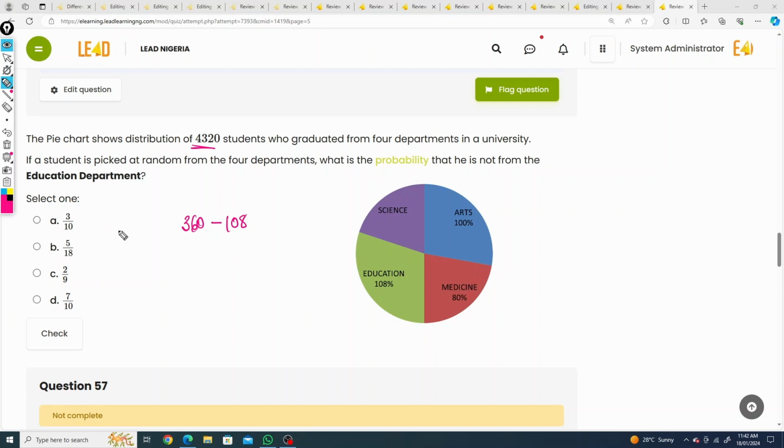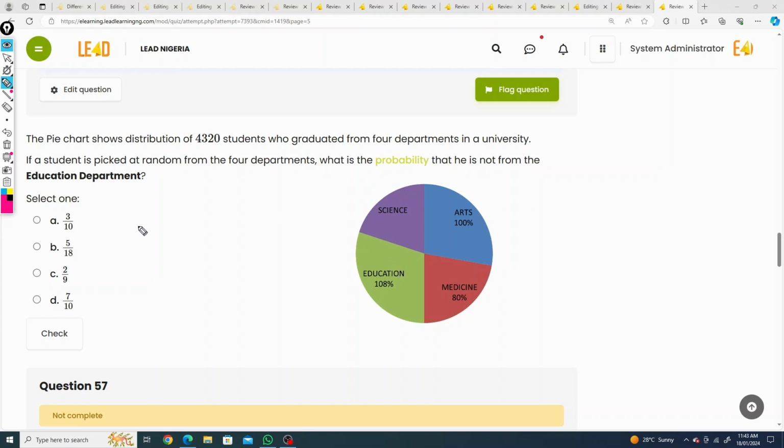So when you divide that by the total angle 360, that would give you 360 minus 108 is 252 divided by 360, which we can reduce to 7 out of 10. That's D.